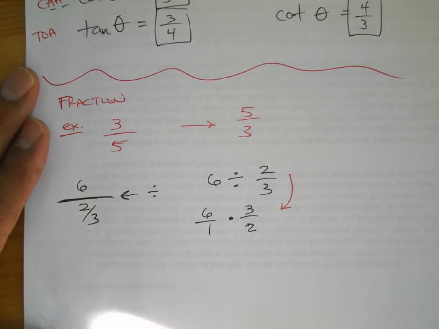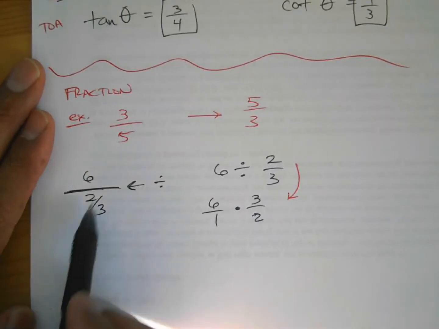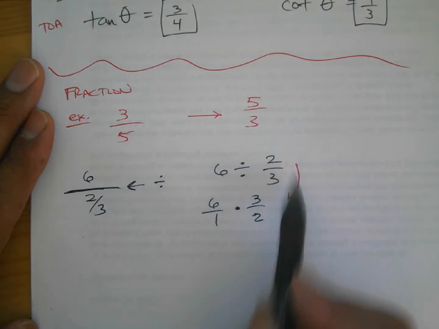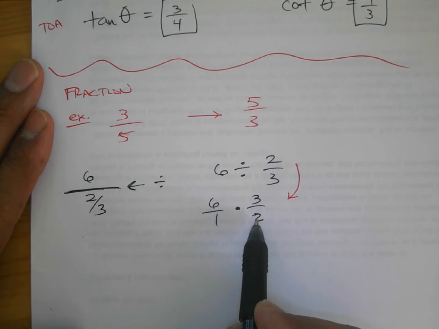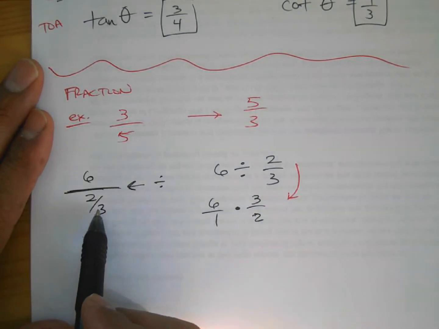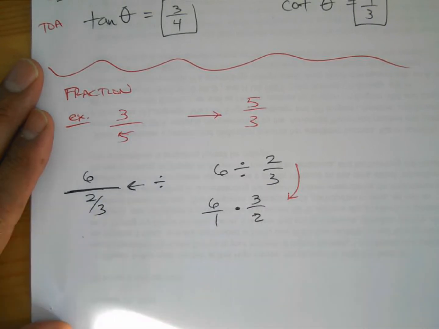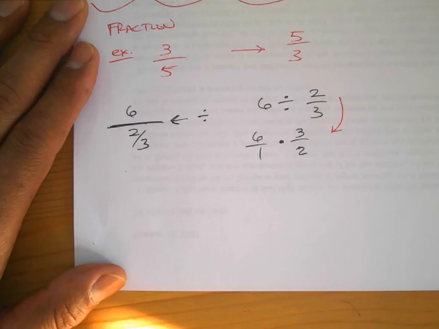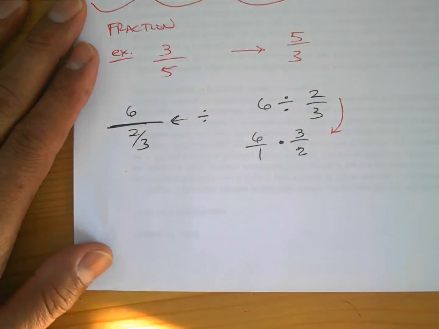The point is in mathematics, for me to get a fraction, which was 2 over 3 here, and to somehow make it 3 over 2, you have to divide. You divide by it. So let me use this same 2 over 3. Forget the 6.